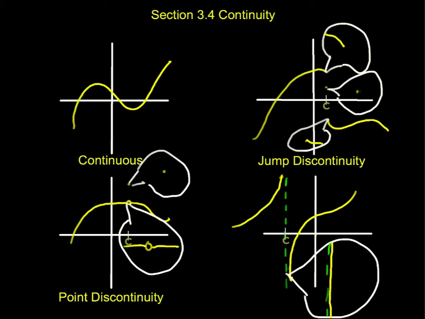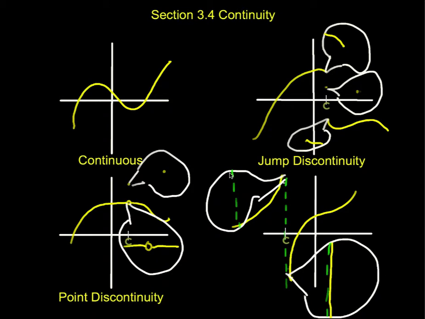And similar on the other side, I can zoom in here, and we would see the same behavior. But instead of being on the right-hand side, in this case, my graph would be approaching it from the left.